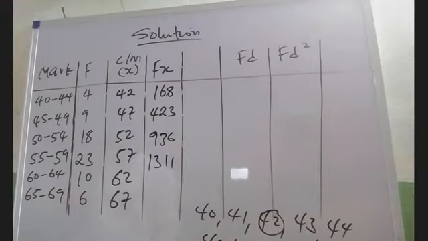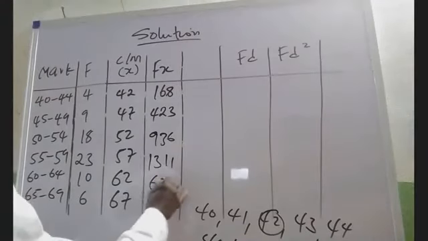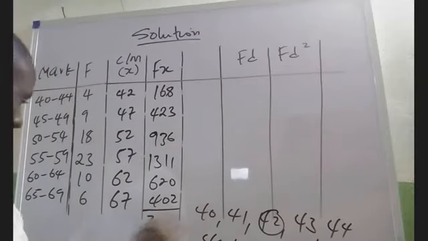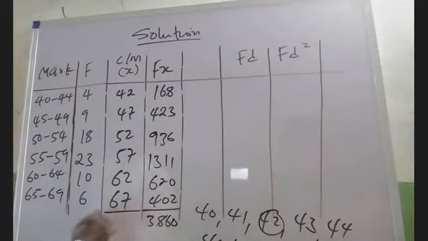Then we have 62 times 10 is 620. And 67 times 6 is 402. So if you take the sum, it is 3860. While the sum of frequency is 70.